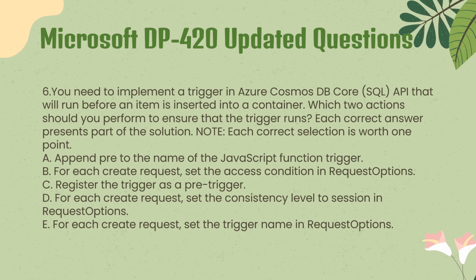A. Append pre to the name of the JavaScript function trigger. B. For each create request, set the access condition in request options. C. Register the trigger as a pre-trigger. D. For each create request, set the consistency level to session in request options. E. For each create request, set the trigger name in request options.